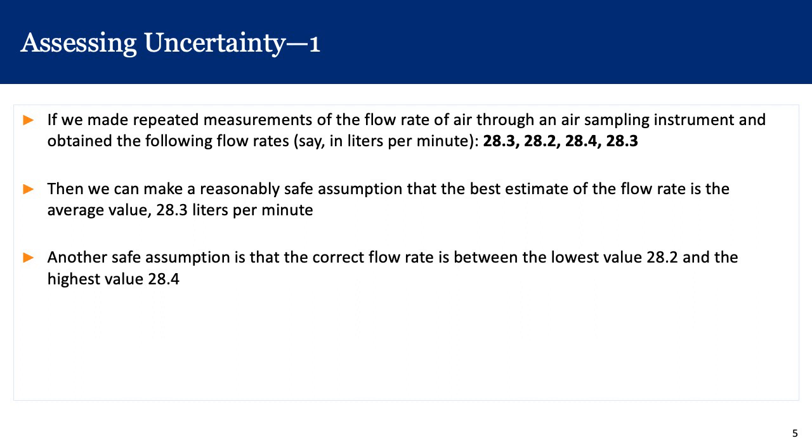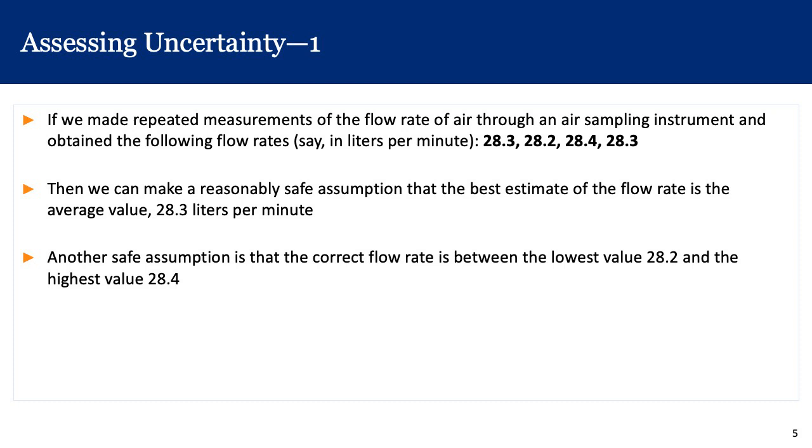So let's start off with some simple examples. Let's say we used our rotometer that we discussed earlier, and we made repeated measurements of the flow rate of air through an air sampling instrument such as the rotometer. We made 4 measurements in liters per minute: 28.3, 28.2, 28.4, and 28.3.